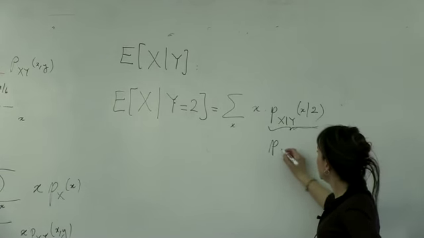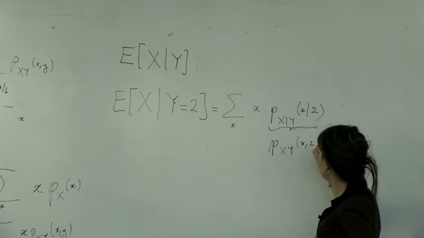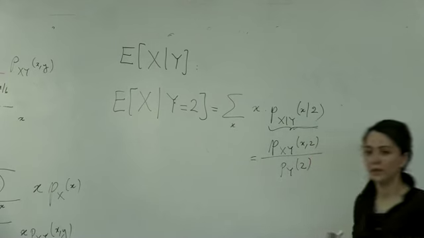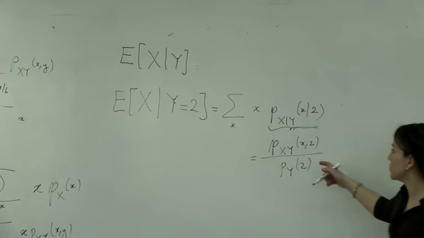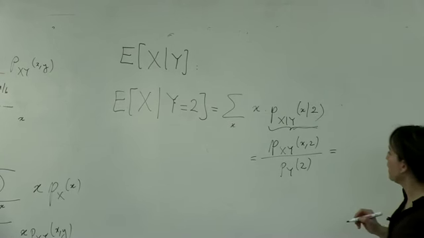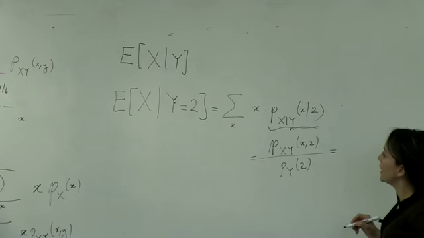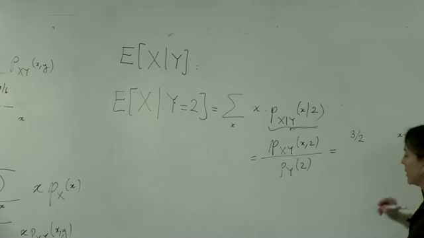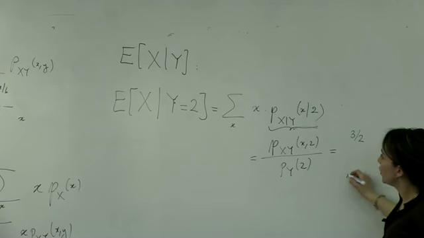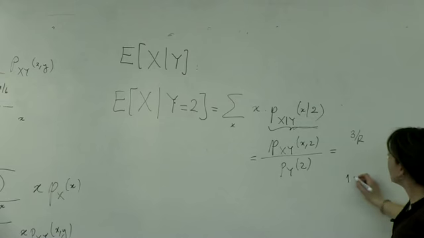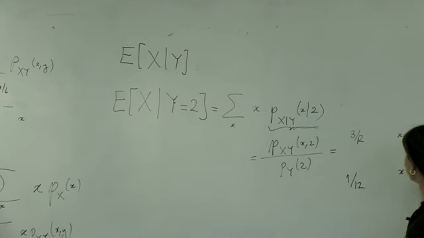What is p_{X|Y}? This is p_XY(x, 2) divided by p_Y(2). Right? The joint divided by the marginal gives us the conditional PMF. What is the joint PMF? The joint PMF is 3 over 12 when x is -1 and 1 over 12 when x is 1.